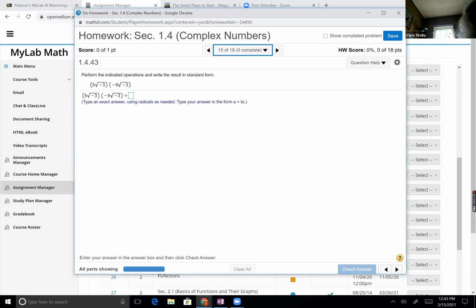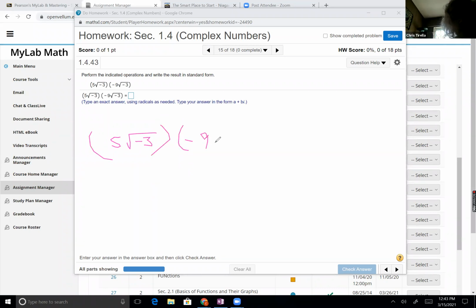You were asked to simplify. Here we've got 5 times the square root of negative 3 times negative 9 times the square root of negative 3. When you've got that negative under the radical, it's important that you put those in terms of i first.